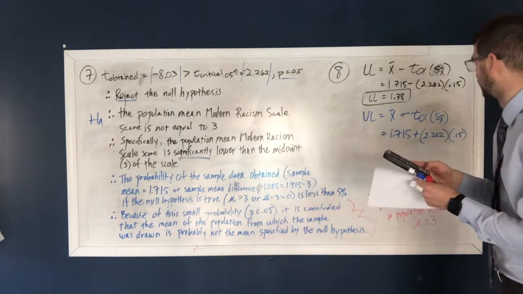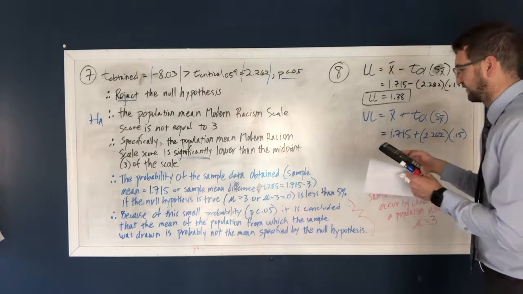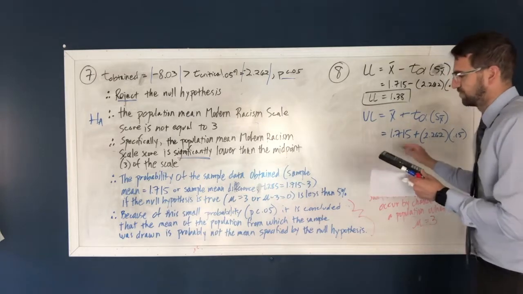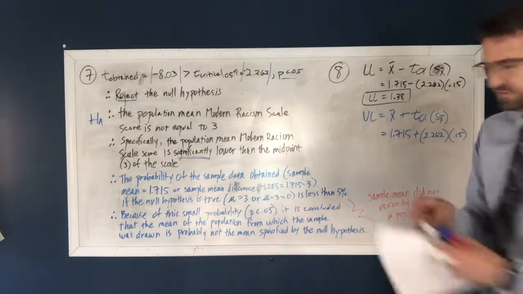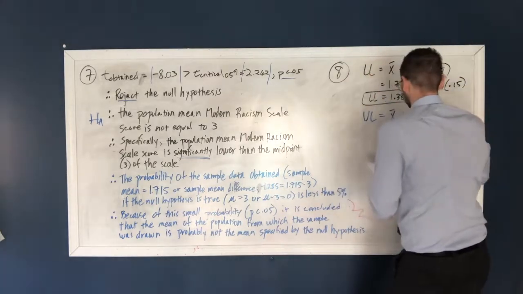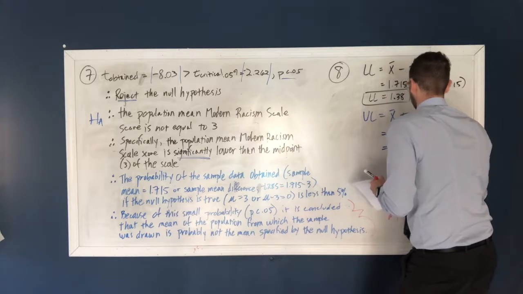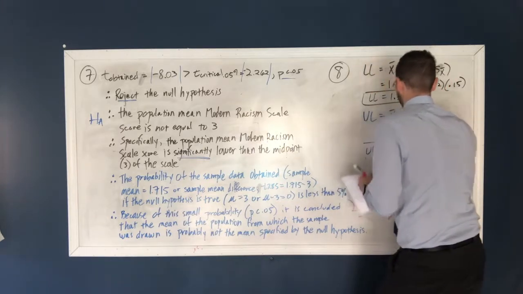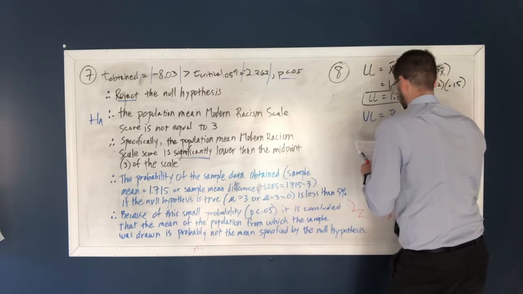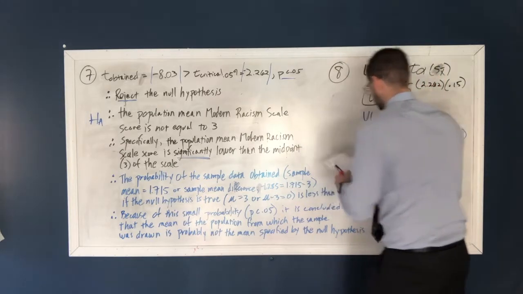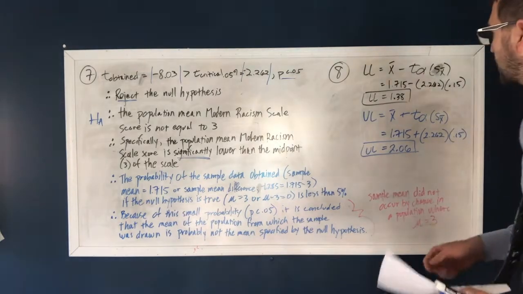So 0.34 plus 1.715, and we get 2.055 or 2.06. Okay, so we have our lower limit and our upper limit.